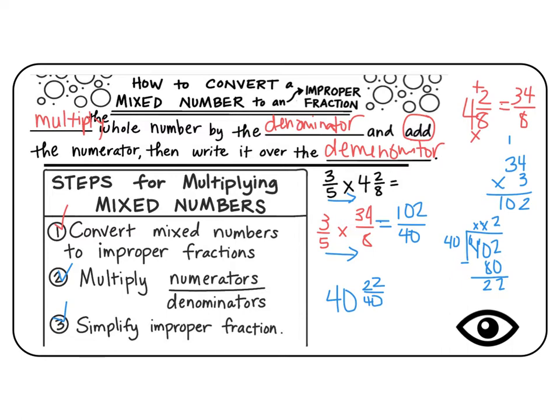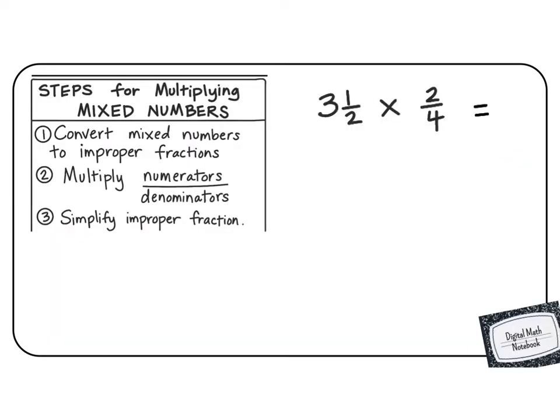Let's try one together. All right, friends, this is in your digital math notebook. I know it might be a little bit difficult to write down all of your steps, but I've given you some templates to fill in. So our first step is we're going to change our 3 1/2 into an improper fraction.